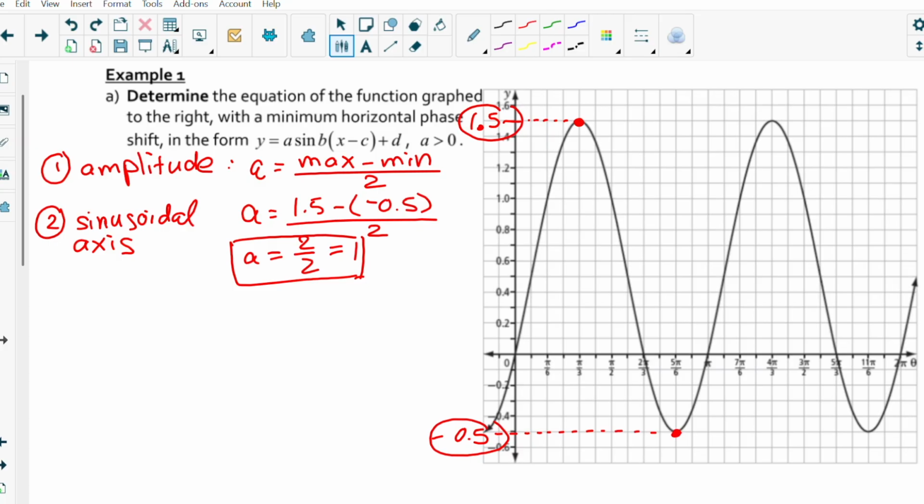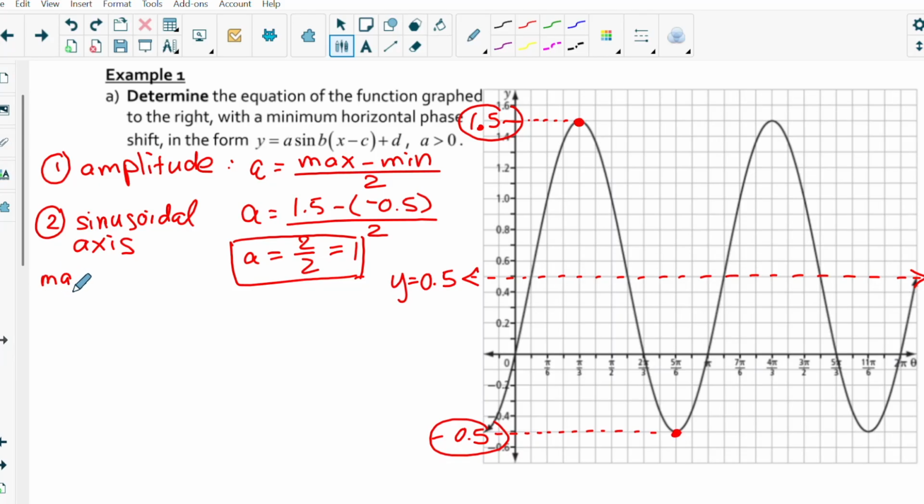You could, again, read it off like this, and that is y equals 0.5. Let me write that a bit neater, folks. y equals 0.5, and that is my sinusoidal axis. I can just see that by inspection. But let's use that equation.